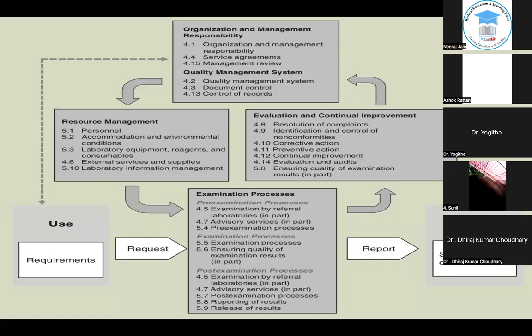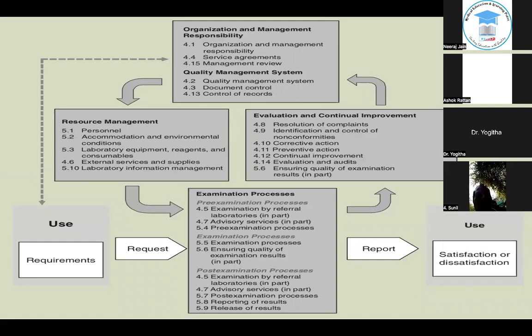You are evaluating your vendors who are supplying you different reagents and machines, or who are providing you services. Then the laboratory information system: you are generating so much information. You have to maintain the laboratory information system in such a way that data is retrievable whenever it is required, and it is accessible only to authorized persons.